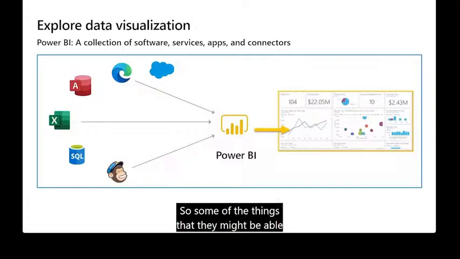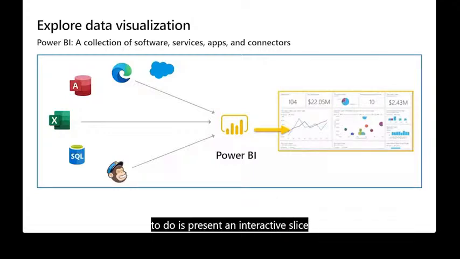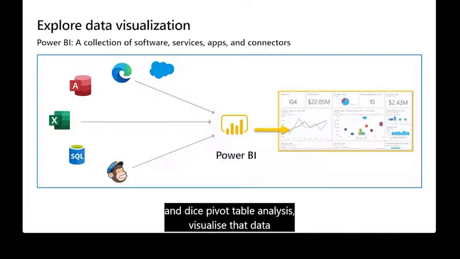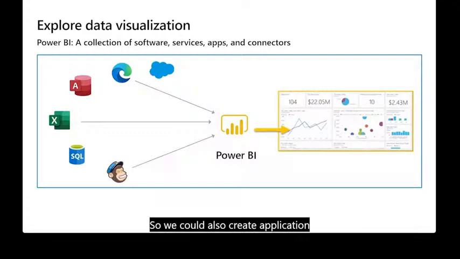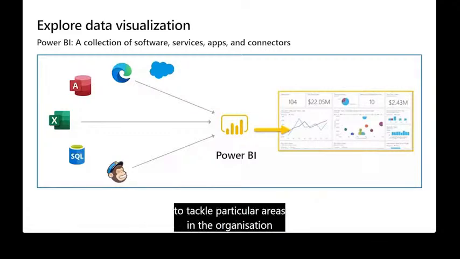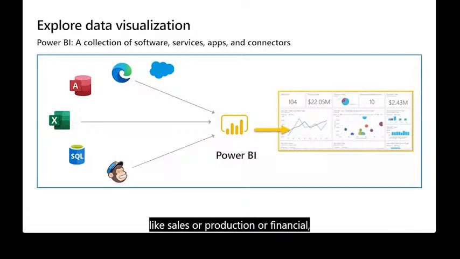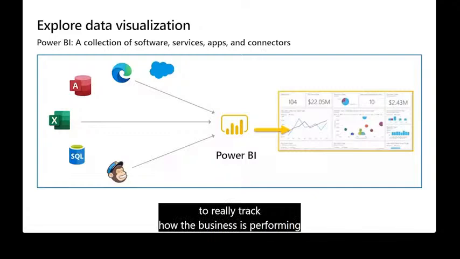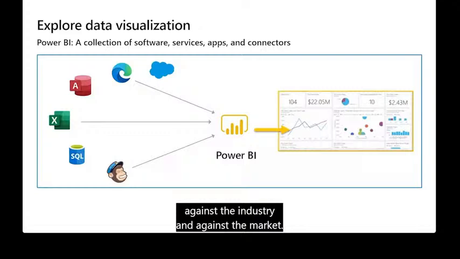Some of the things they might be able to do are present an interactive slice and dice pivot table analysis, visualize that data, or do some statistical data mining with the data. We could also create applications as part of the business intelligence process to tackle particular areas in the organization, like sales or production or financial, to really track how the business is performing against the industry and against the market.